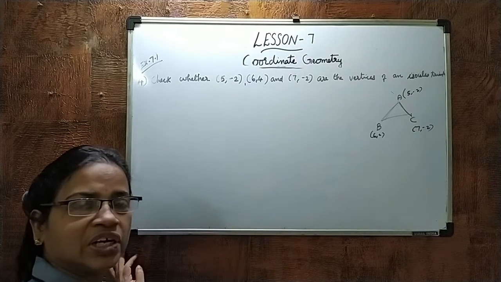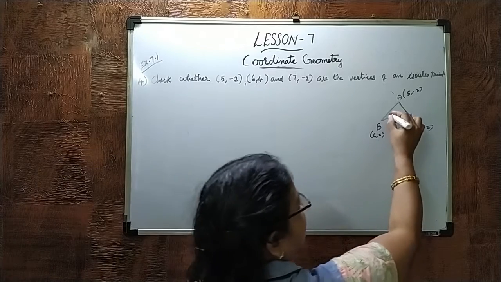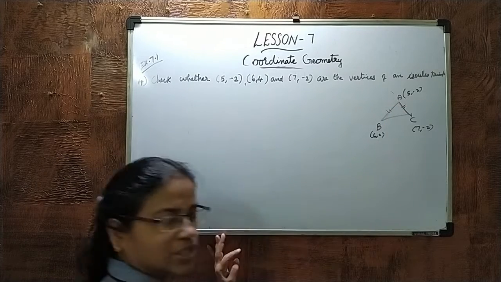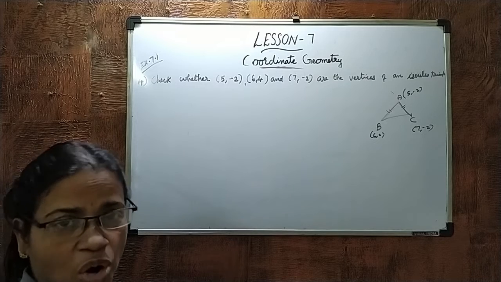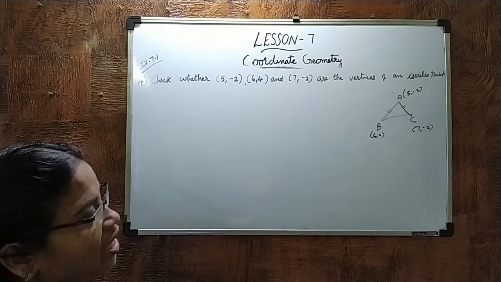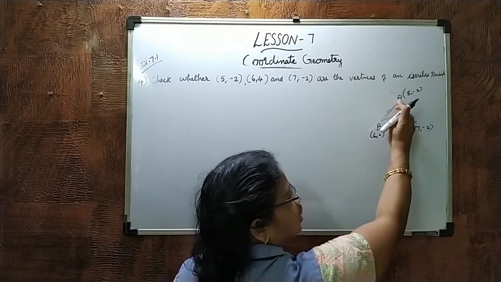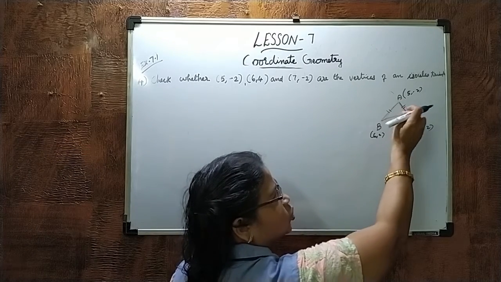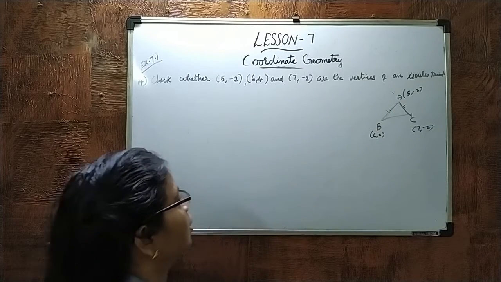Now how will you find out whether it is an isosceles triangle? Two sides should be equal, right? AB should be equal to AC, right? If two sides are equal means we can say, we can stop there. Okay. Now look, first, vertices of a triangle means two sides, means the distance between A to B should be equal to A to C, right? Okay, we will check now.